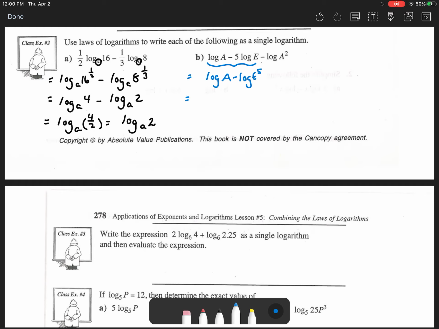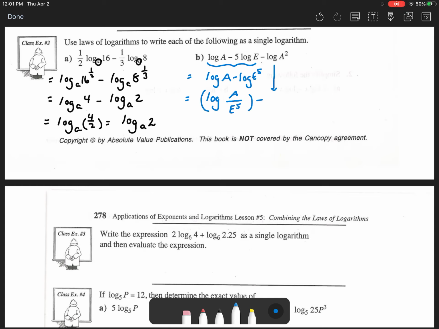So when I do that, I am now subtracting log expressions with the same base. I divide the arguments. So this will be log base 10 of a all over e to the 5th. So that's what happens when I bring those first two together.